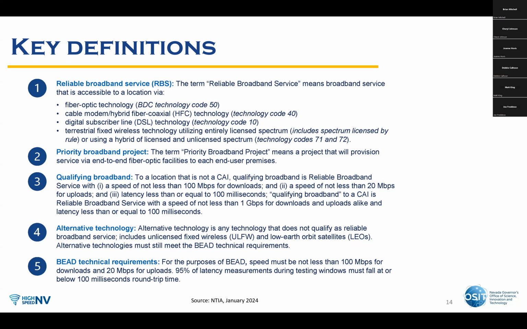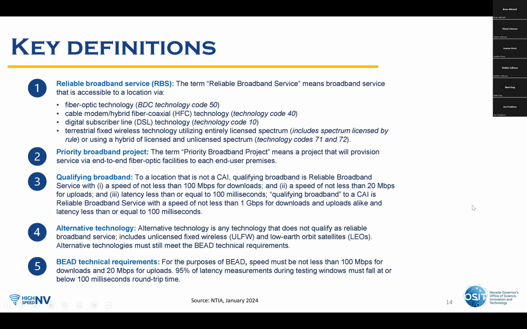And then finally, another important definition, alternative technology. The federal government has noted that an alternative, meaning not reliable broadband service, is a technology that is either unlicensed fixed wireless or low Earth orbit satellite, but that does not qualify as reliable broadband service.